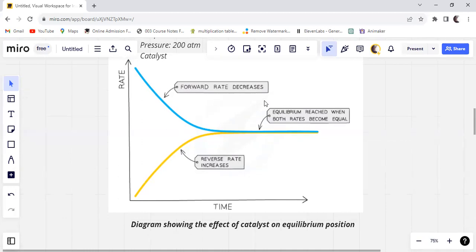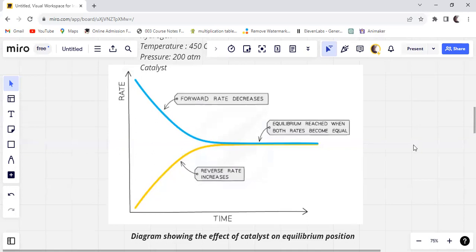The other thing you must know is that the reaction conditions chosen for the Haber process, though not ideal in terms of yield, do provide a balance between the product yield, the rate of reaction, and the production cost.